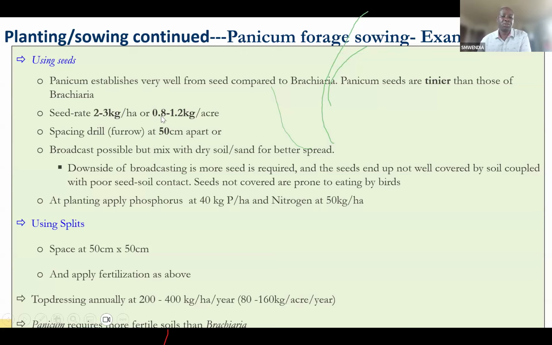And this means that you can take up to about 1.2 kilos per acre. And here you can also do a drill or furrow 50 centimeters apart.